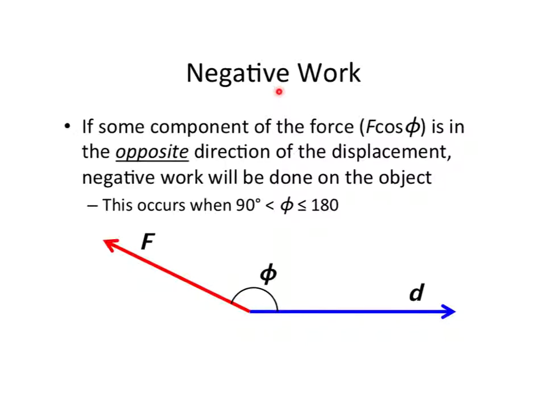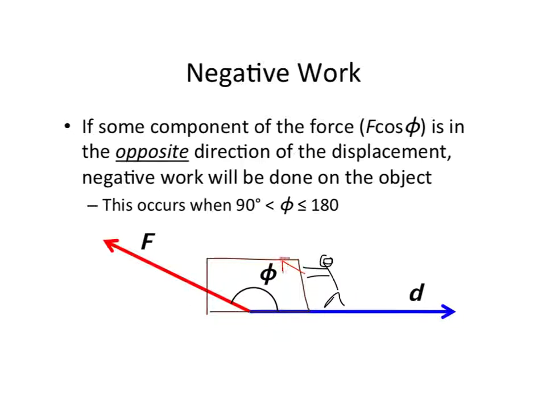Because let's say you have a box that is moving in direction D right there. All right, so here's your box and it's moving in direction D, but somebody is maybe standing in front of it, and I'll try to draw a little guy right here. This guy is standing in front of it, applying a force maybe upwards into an angle, a lot like the red line that's drawn right there.